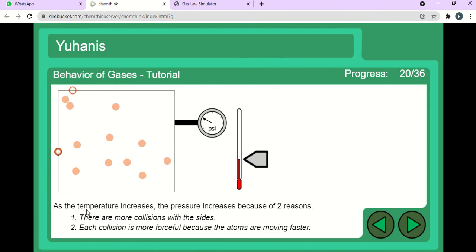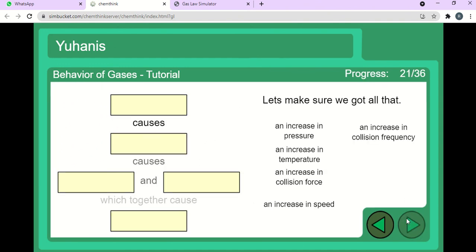Okay, as temperature increases, pressure increases because of two reasons. There are more collisions with the sides of the container. Also, the collisions are more forceful because the atoms are moving faster. The collisions are also more energetic. So what is at the top this time?